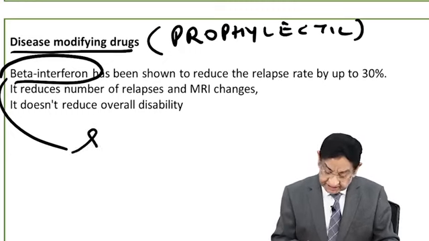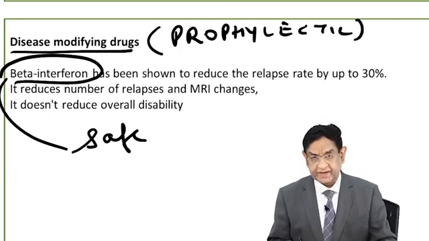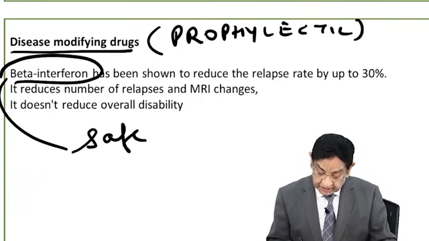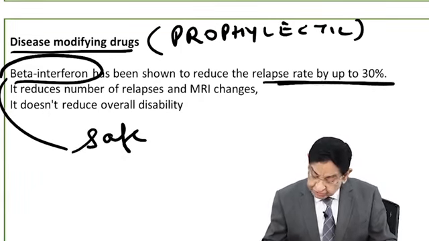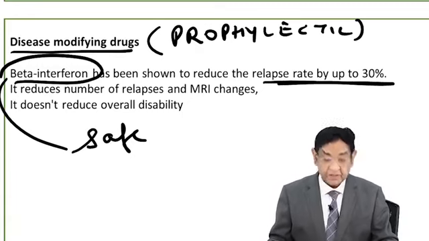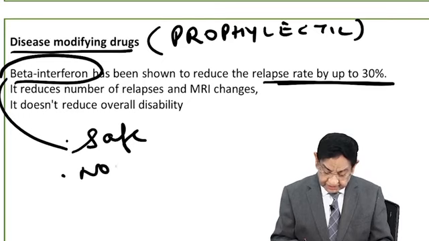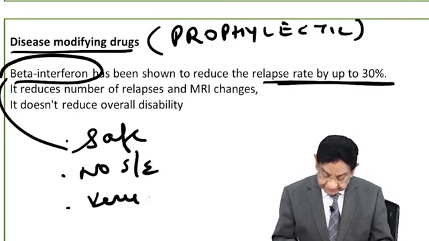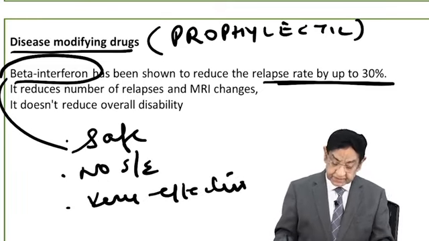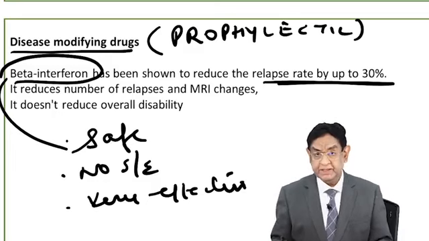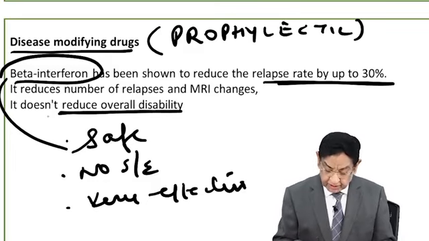Why? It is safe, without much side effect. And it can reduce the relapse rate by 30%. So it is safe, no side effect, and very effective. But the point to be noted, it's not going to reduce overall disability.